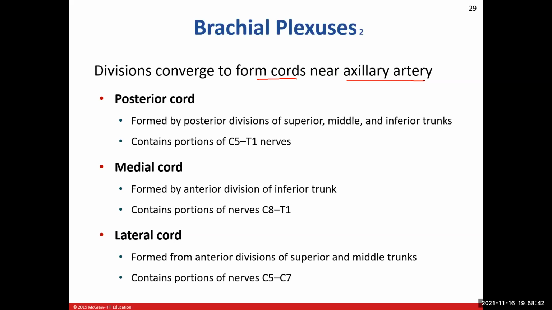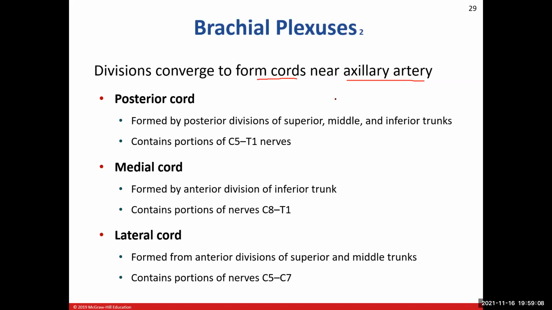That's why we call it the subclavian artery. Then when that artery starts to approach the axillary region, we call it the axillary artery. Once it moves out of your armpit and into your arm, then we call it the brachial artery, and then we see a bunch of branches come off from there. So the axillary artery occurs somewhere near your armpit here. So our cords of our brachial plexus are going to be located near the axillary region here.